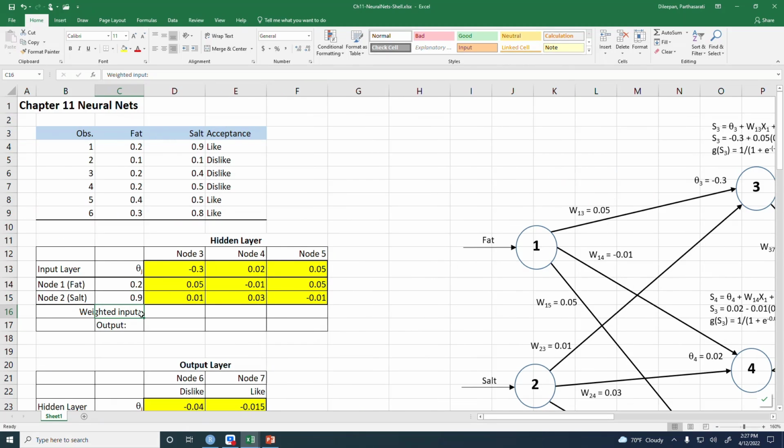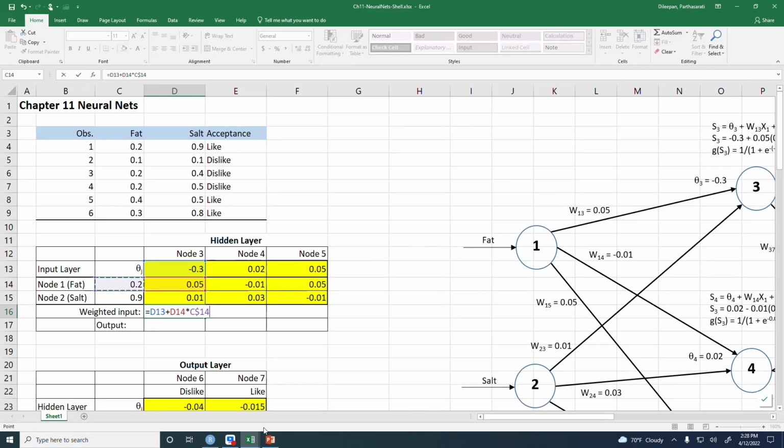Combined input coming into node 3 is going to be that theta plus the slope coefficient, well, slope within quotation marks, so it's not really slope. It looks like the slope of regression analysis, right? So that one times the input value. The input value has to come from that column.